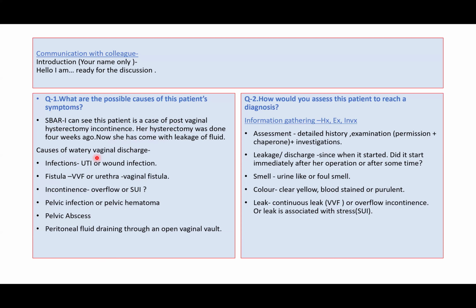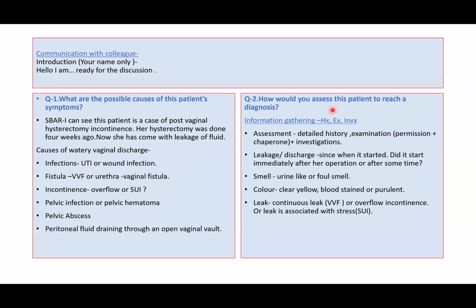So the causes of watery vaginal discharge could be infections like UTI or wound infection, fistula like vesicovaginal fistula or urethrovaginal fistula, incontinence like overflow or stress urinary incontinence, pelvic infection or pelvic hematoma, pelvic abscess, or peritoneal fluid draining through an open vaginal vault.